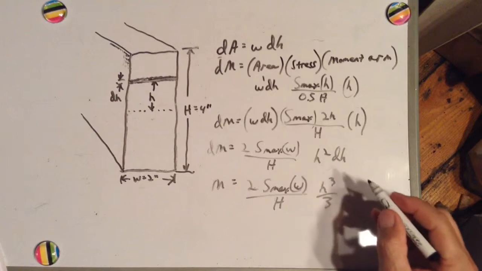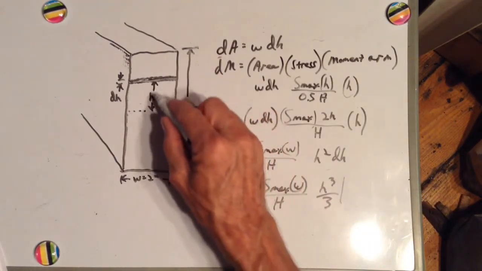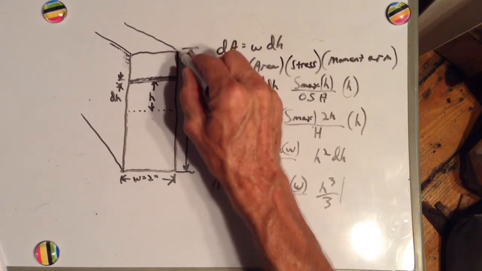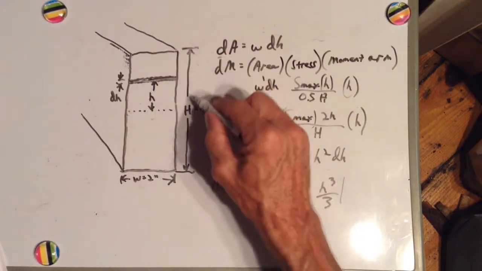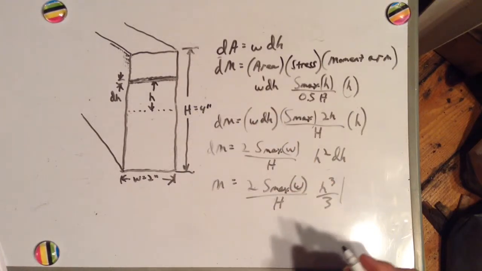Okay, and our limits of integration are from h equals 0 to h equals capital H over 2.